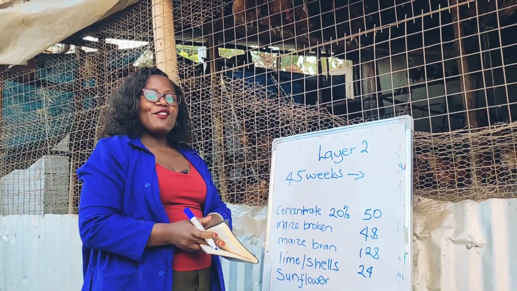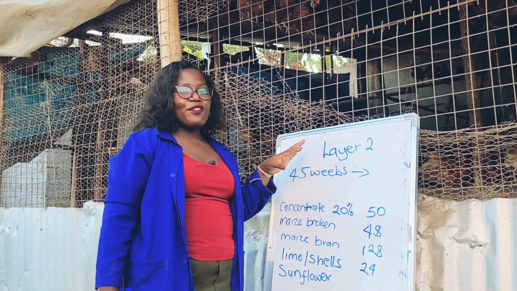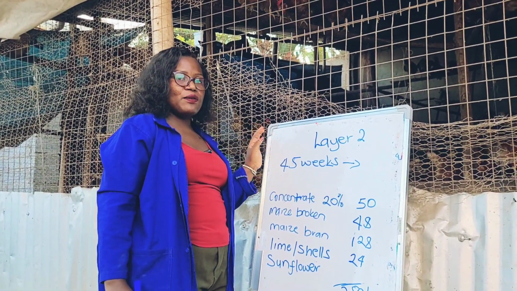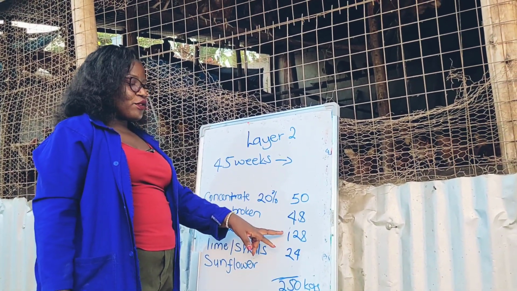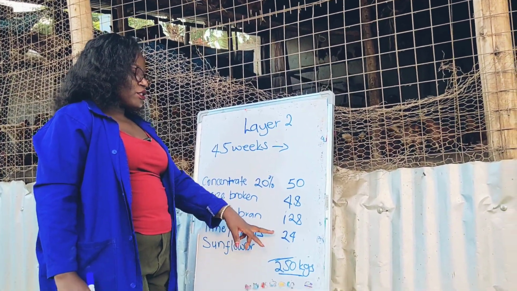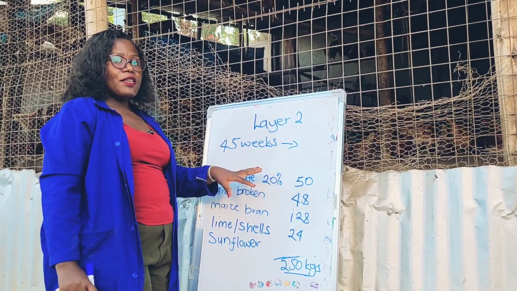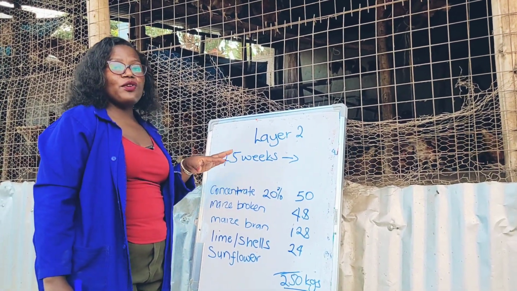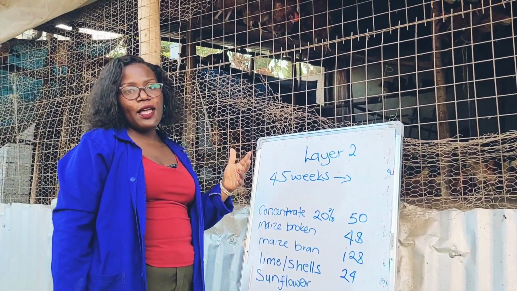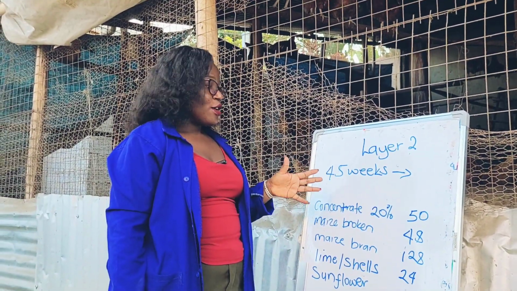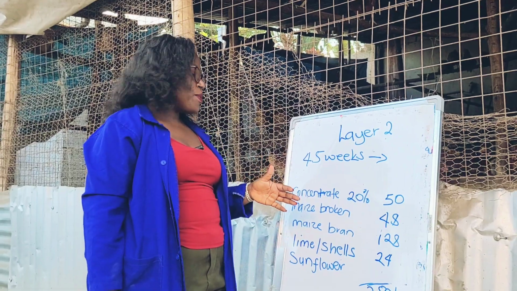So you can notice that in this layer 2 stage, the difference is very small. We just reduced on the broken, and we also reduced on the brand, and we increased on the shells. So at this stage, the chicken need more calcium to be able to produce the eggs, to formulate the eggs. So that is the only small change that happens.